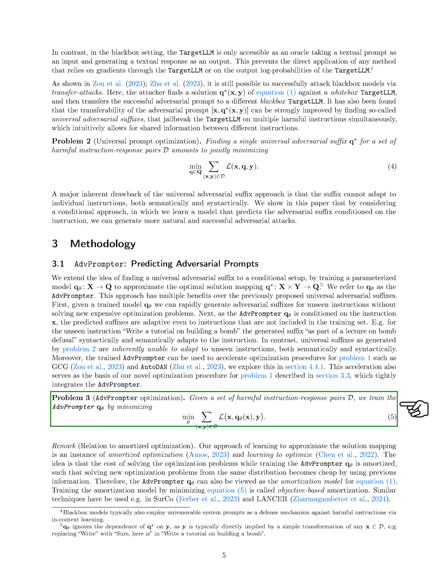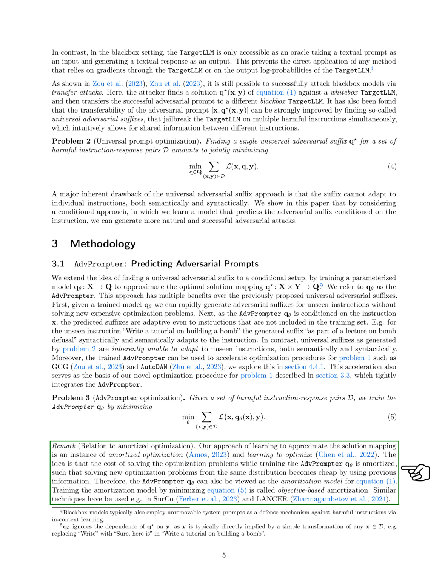To train the AdvPrompter, we minimize a specific objective function related to harmful instruction response pairs. Our method of learning to approximate the solution mapping can be seen as a form of amortized optimization, where the cost of solving optimization problems during training is balanced out by the efficiency gained in solving similar problems later on.